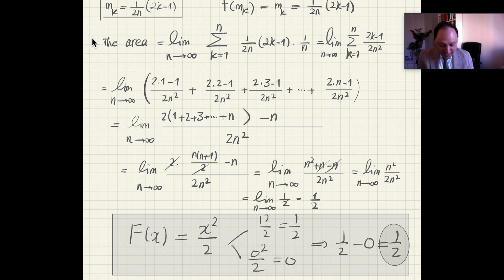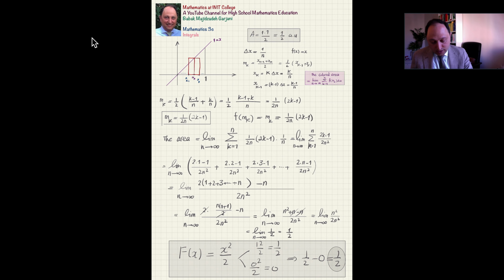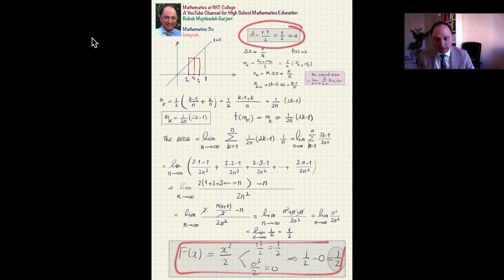So I hope that you have a good understanding of what's going on. None of these calculations are necessary for this course at all, but I really find it very instructive if you can feel the difficulties of calculations. Then you would appreciate the genius of Newton. Now you can simply calculate it like that. Here, this is a little bit more lengthy than there because it was so simple.